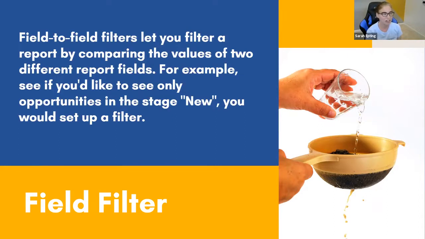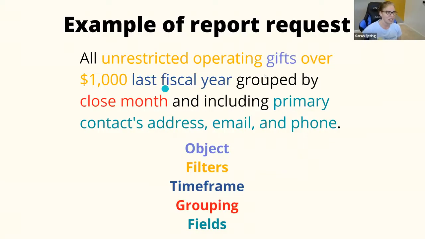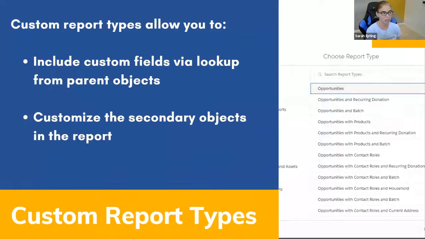So I can filter on the amount field on an opportunity if it's over $1,000, and I can filter on the type of gift it is, so if it's restricted or unrestricted. Those are field filters because I have a type field on my opportunity and I have an amount field on my opportunity.